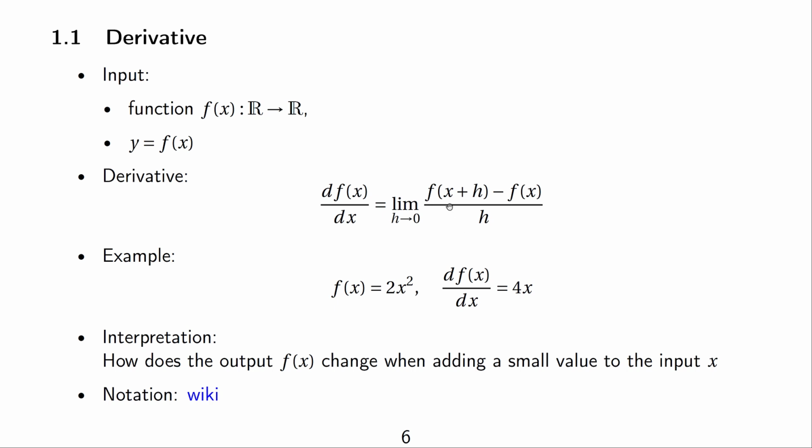But what you can see here is that we have this f of x plus h, and this is sampling the function at a position that is x plus some tiny offset, and then we subtract the function at the current point x, so we subtract f of x. And then we divide by h, and we let h go towards 0.